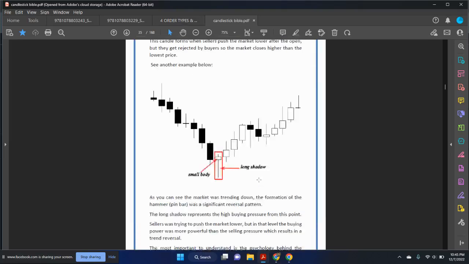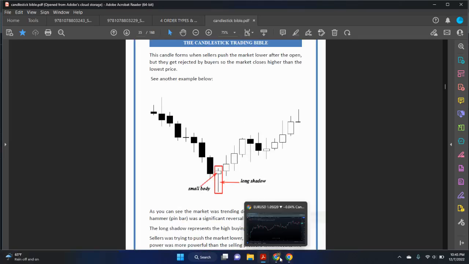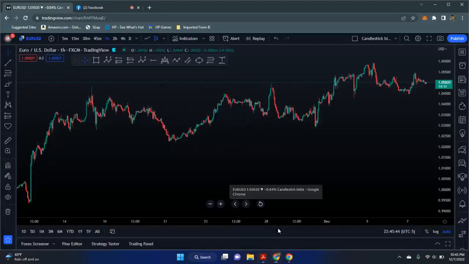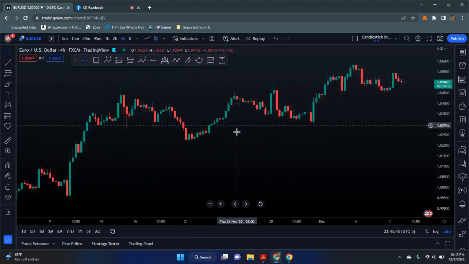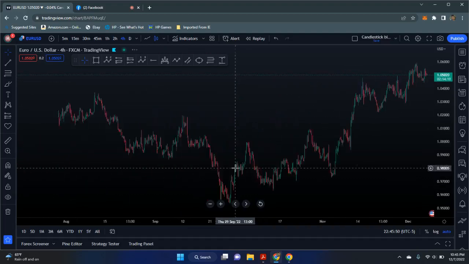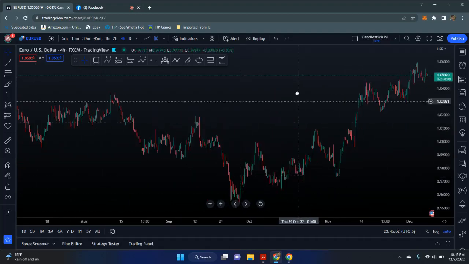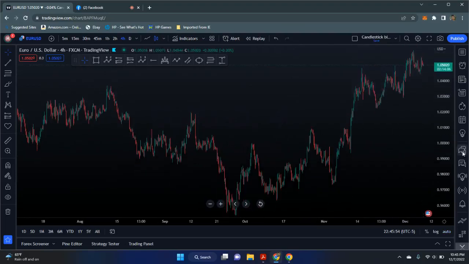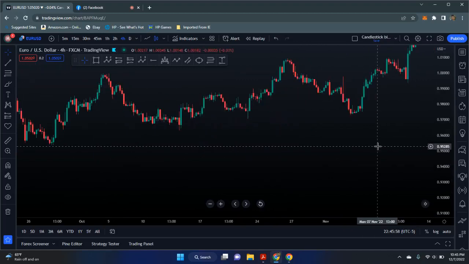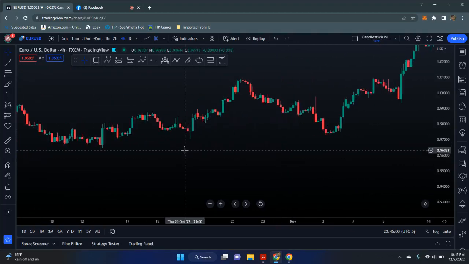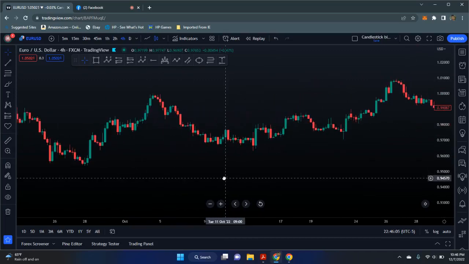All right, so let's see if we can identify this in the market. Let's go look for our time frame. It has a wick right there.